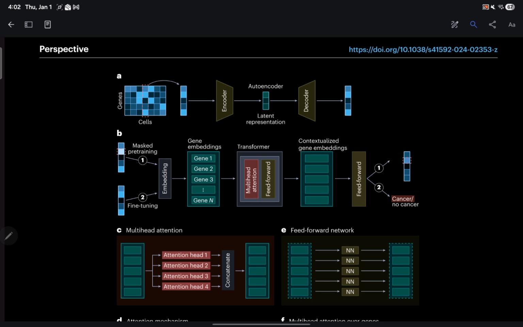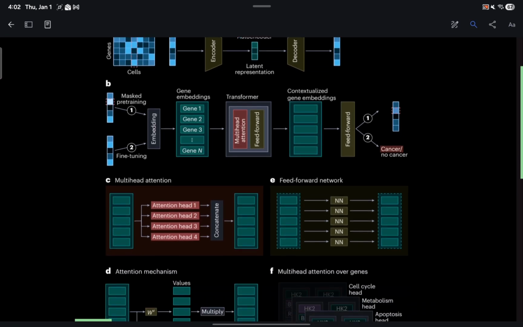This is the first unsupervised, or self-supervised part, and then you have some task-specific post-training. For example, here we want to predict if it's cancerous or non-cancerous, and so on.